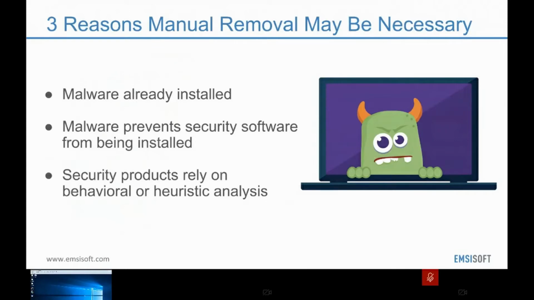You may experience crashes, for example. Finally, many antivirus programs rely on some sort of behavioral analysis, which means that suspicious activity is detected when malware tries to install on the computer. However, if malware is already present and installed, this form of protection becomes useless.